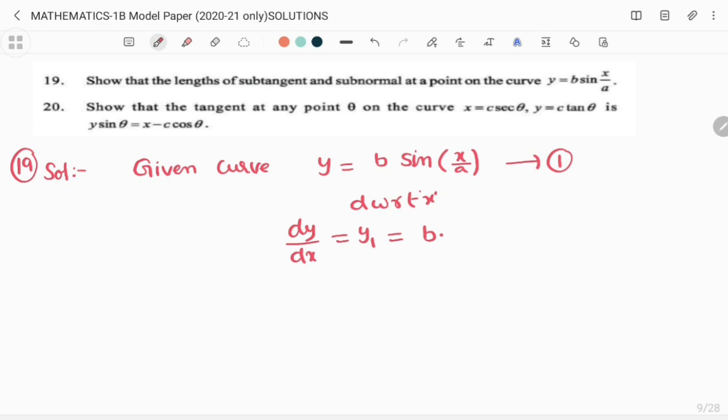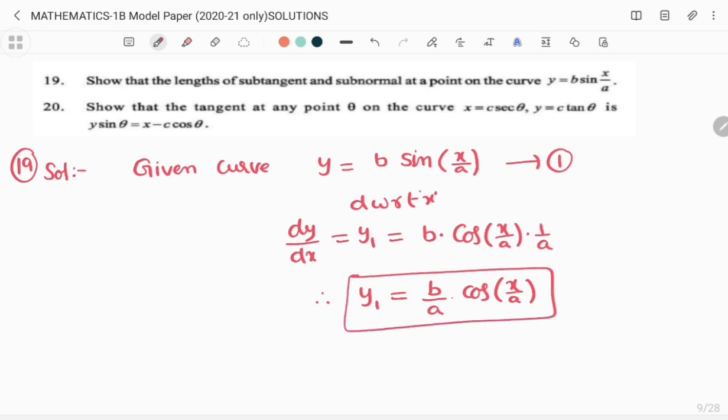Sine ax derivative is a cos ax. Otherwise, sine x derivative is cos x. So cos of x by a. Again x by a also can be differentiated. In that x by a, 1 by a is constant, you can take outside, x derivative is 1. So we will get y1 is equal to b into 1 by a, that is b by a, into cos of x by a. So y1 value we got.